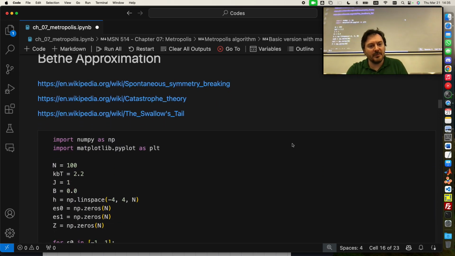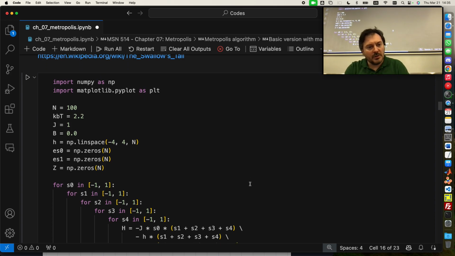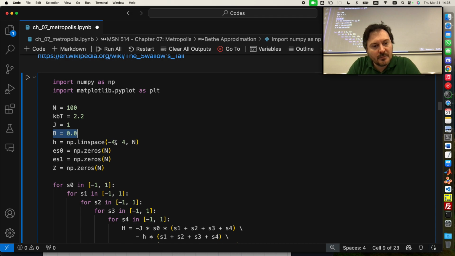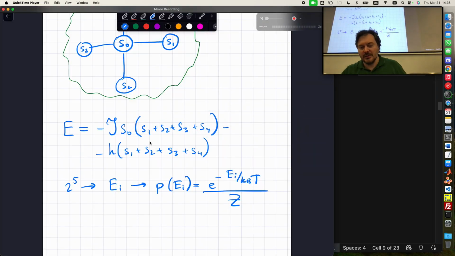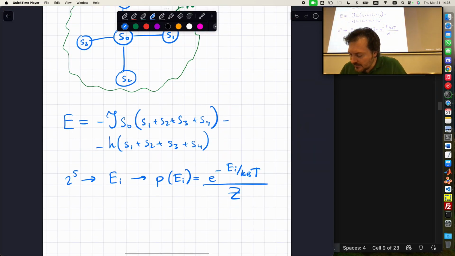This is Bethe approximation, and we will come to these things soon. So what do we have here? Magnetic field is 0. I have this H, which goes between minus 4 and 4. Of course, I didn't tell you what's the point. Let me tell you what's the point. The point is that you are going to get some expectation value for S0, for the central spin. How are you going to get that?